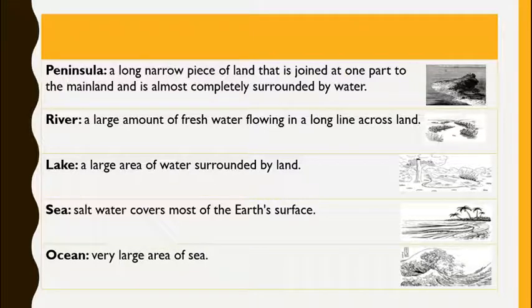The peninsula is just like the island, except that it has a connection with the land from one side, and all the other sides are surrounded by water.